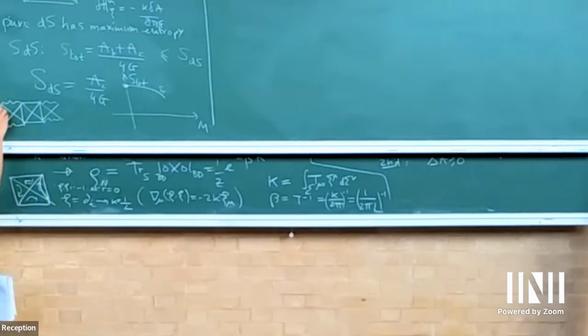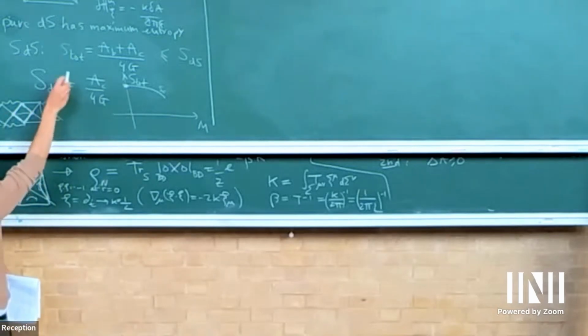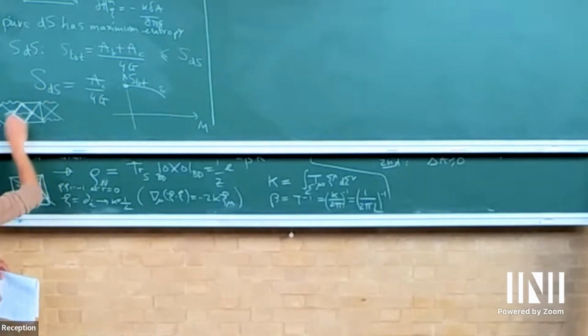So this is the black hole horizon, and this is the cosmological event horizon. They both have an area associated to them, and from various arguments, it follows that the total entropy is actually the sum of the areas.